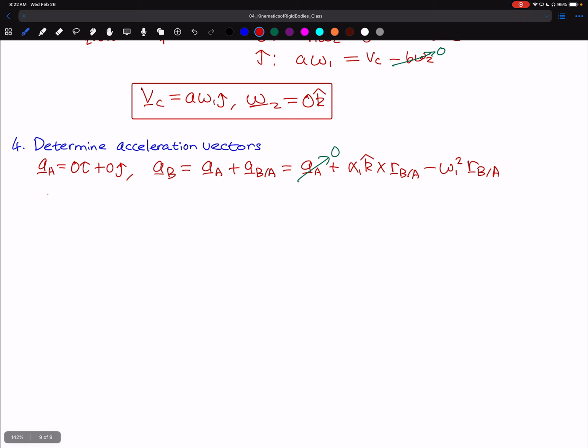And then from here, we're going to get that acceleration of point B is equal to alpha 1 k hat crossed with A in the i direction, and that's the only thing we have, minus omega 1 squared A in the i direction.